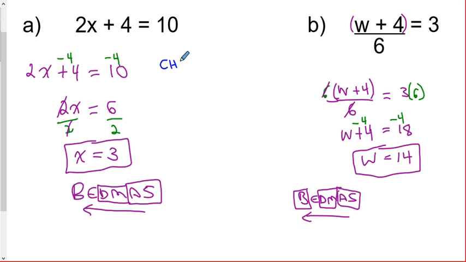For this one, I'm going to do a check right here. I'm going to take my x equals 3 and put it into my equation. So I'm going to go 2 times 3, basically saying where that x was. I believe it was 3. So let's check it out and see if it is.